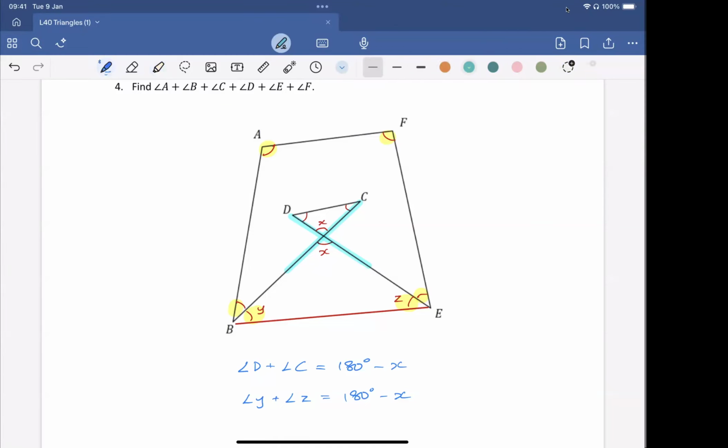What shape is this? How many sides does the shape have? 5?